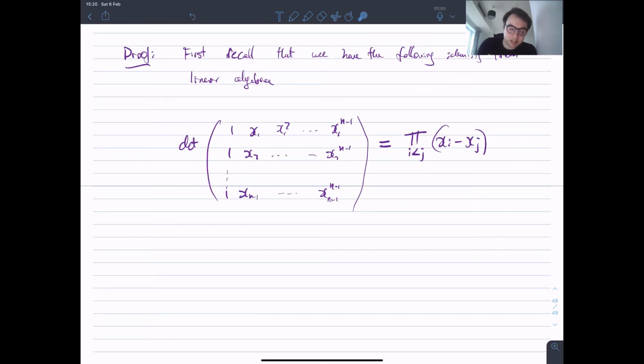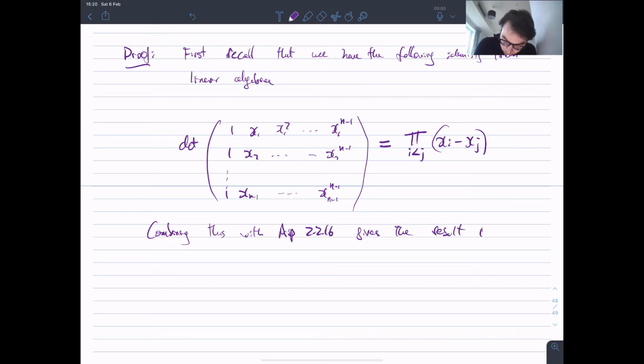And this just works for any xi's. So combining this with proposition 2.2.16 gives a result.